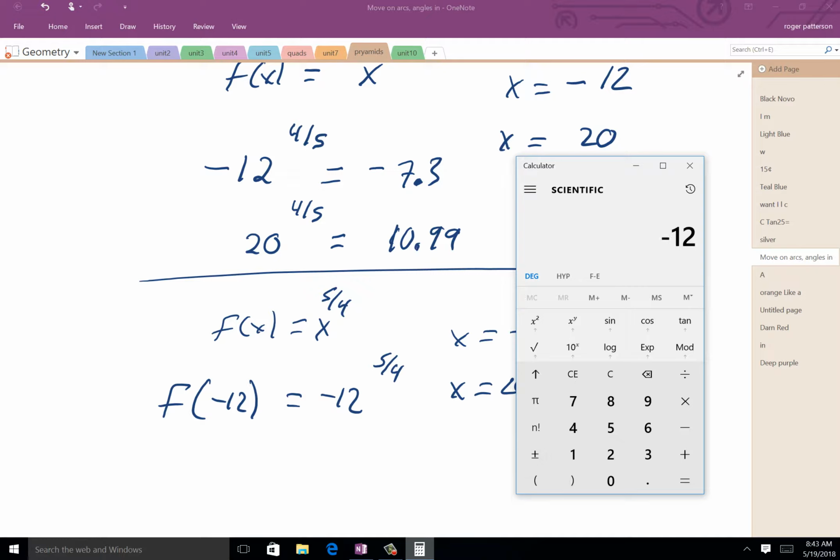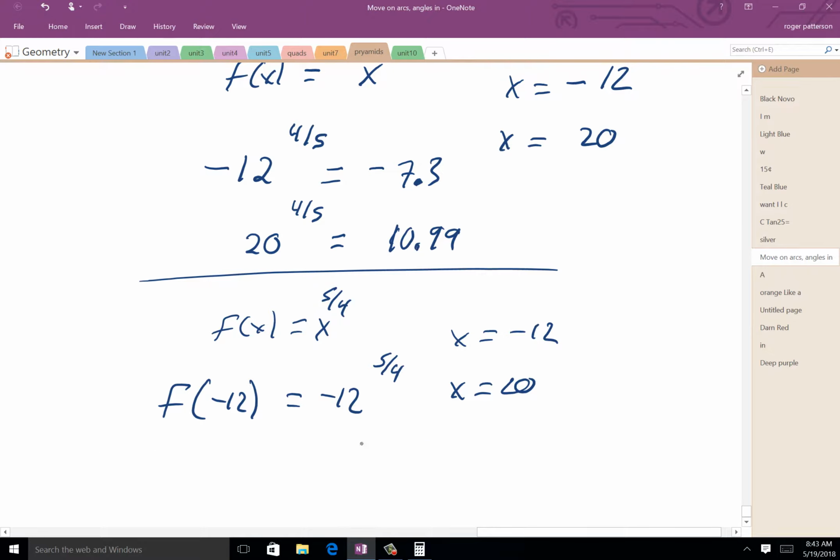I think I know what might be the problem. Invalid input. So how come this one doesn't work, but this one did work?